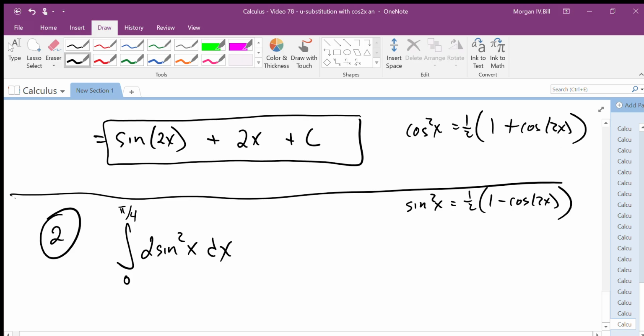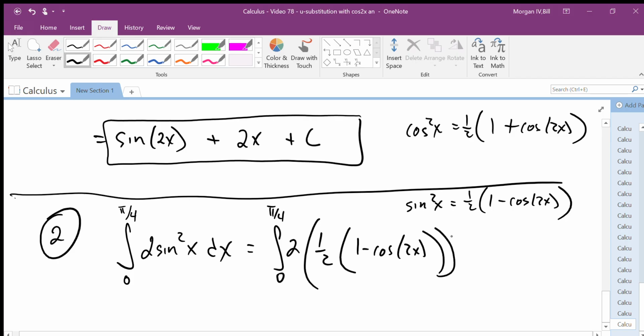The only difference here is with the cosine squared you get a plus, with the sine squared you get a minus. Okay, so we're going to replace this with the integral from 0 to pi over 4 of 2 times 1/2 times (1 minus cosine 2x) dx.